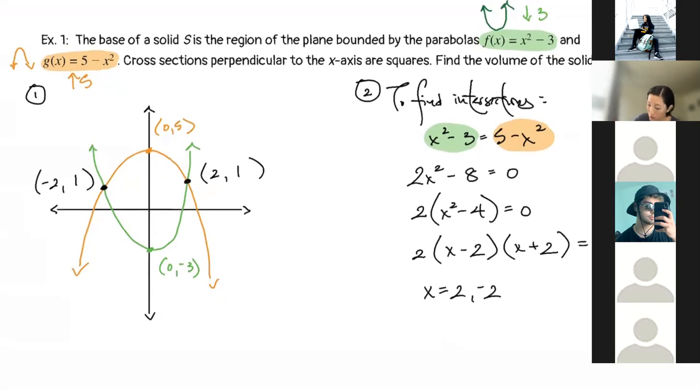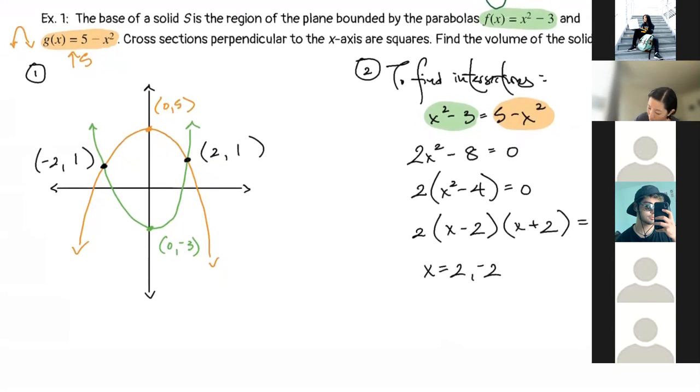Now, before we set up our integral, let's draw some lines. Looking at this picture and thinking about what we learned on Monday, does our instinct tell us we should draw vertical lines or horizontal lines?